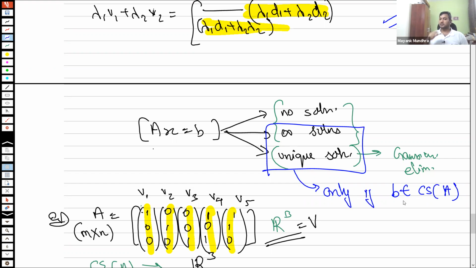Only if the coefficient vector B belongs to the column space of A.